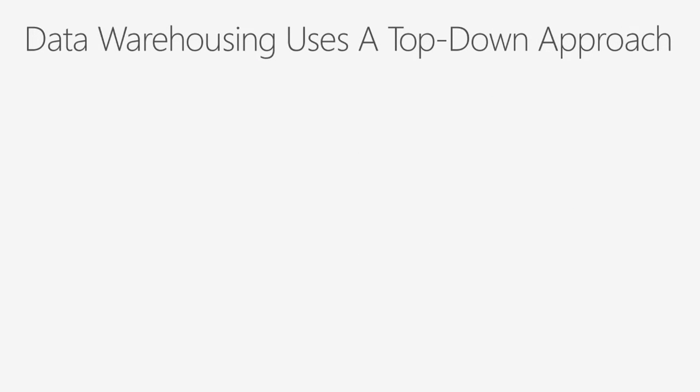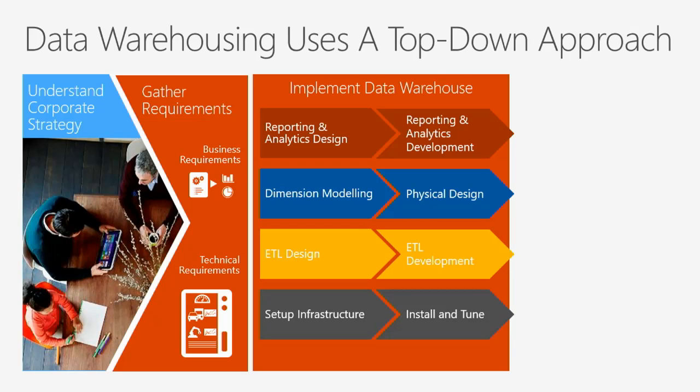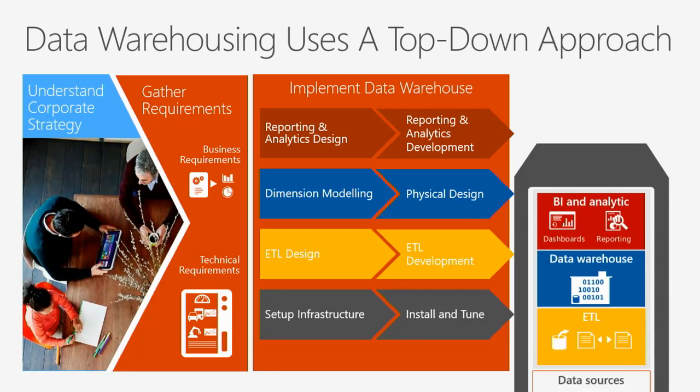Okay. So typical data warehousing, they use a very top-down sort of approach, right? We look at our problem, right? We gather the requirements, we build out that technical requirements, and then we go get that data set, right? Or we implement the data warehouse with its infrastructure, with the ETL, and then we do the dimensional modeling, and then we do the reporting, right, back as a BI dashboard, right?